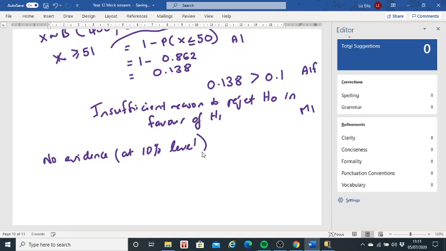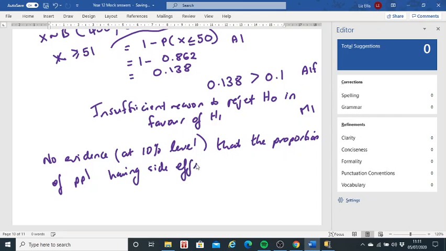Okay, by the way, that was optional. You didn't have to put the 10% level. That the proportion of people, and we need to say proportion of people, having side effects in 1 year has increased with the new treatment.